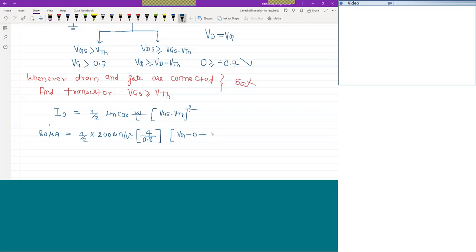Okay, this is the idea. So we can find the value of VG.